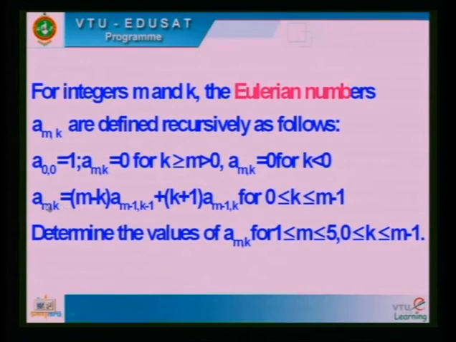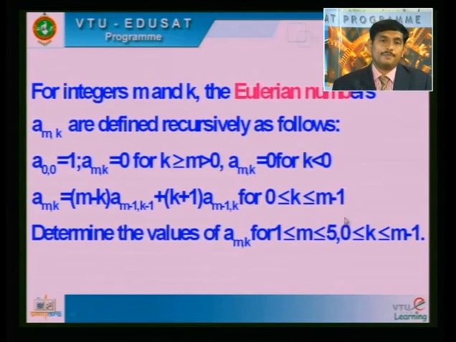This is the recursive formula of Eulerian numbers: A of m, k equals m minus k times A of m minus 1, k minus 1 plus k plus 1 times A of m minus 1, k for 0 less than or equal to k less than or equal to m minus 1.